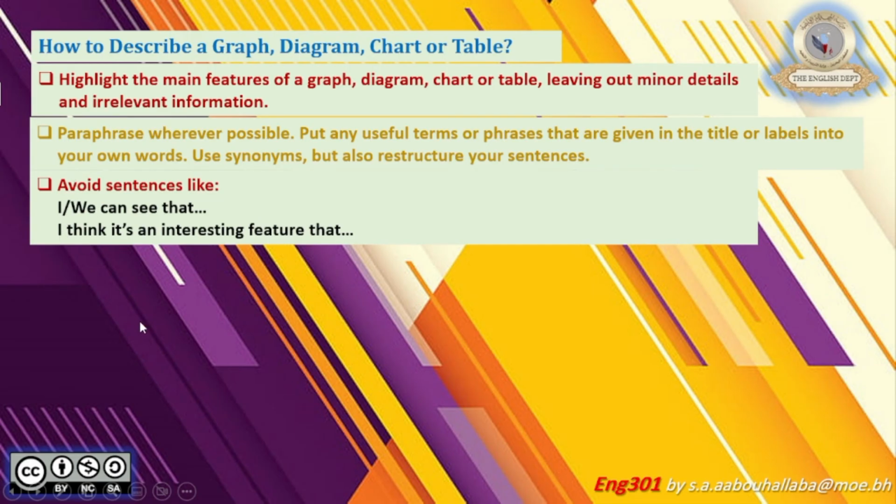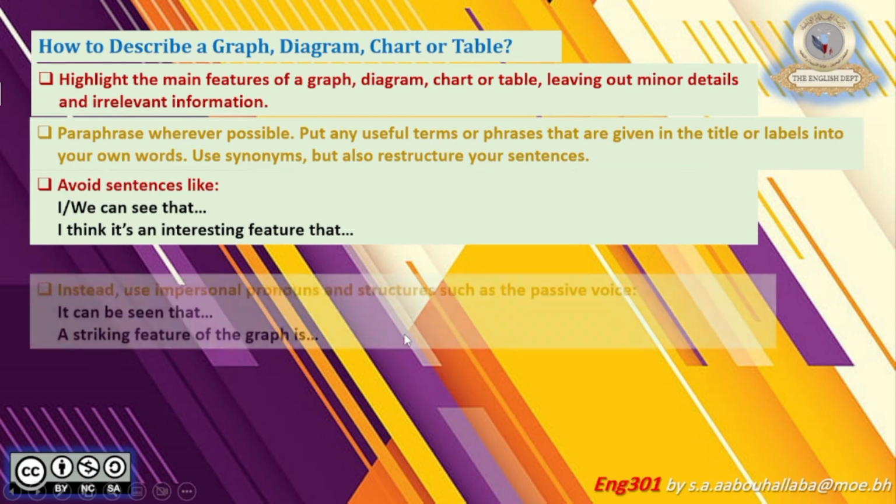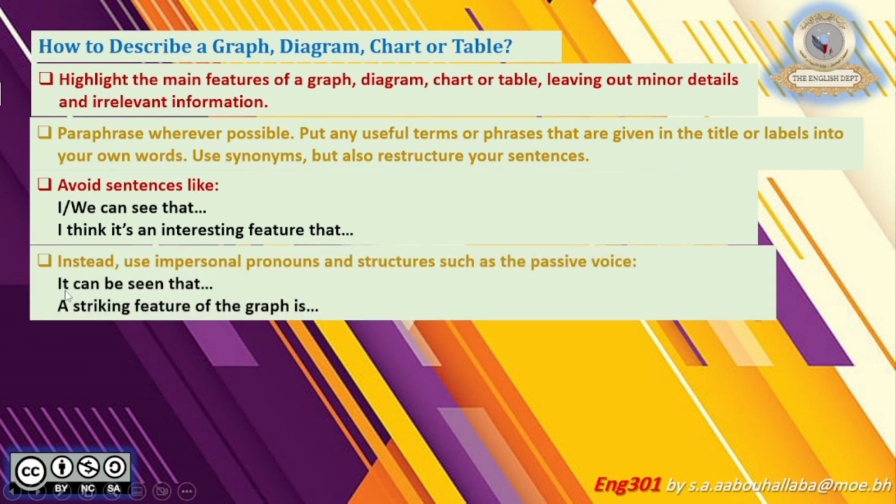Don't use you. You usually use the passive all the time. It is clear that. It can be seen that. Instead, it can be seen that, or a striking feature of the graph is. This is the one you can use. These are the ones you should avoid.